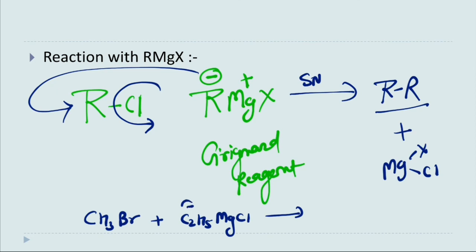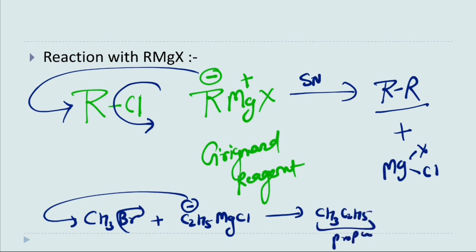What will happen? This C2H5 negative will attack, Br will be removed, we will get CH3C2H5, meaning propane, plus MgCl2 or MgClBr. So these reactions will be used whenever we go for organic synthesis. We will discuss the questions later after the completion of the chapter.